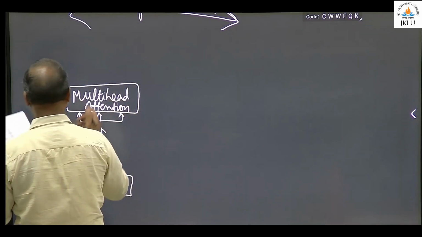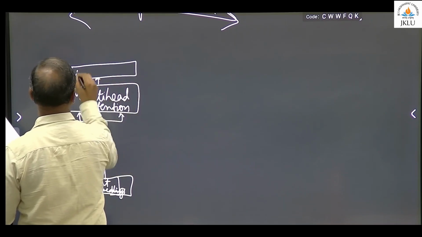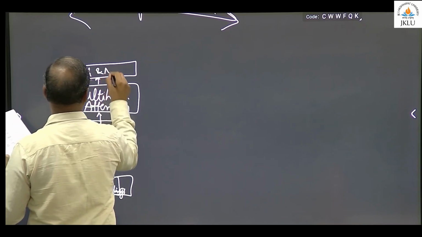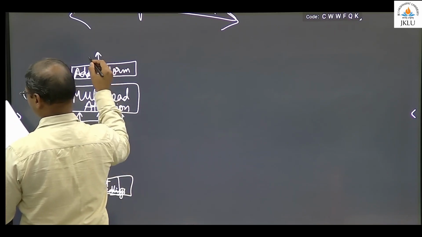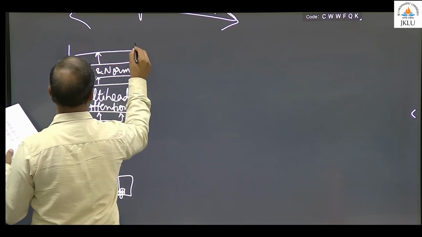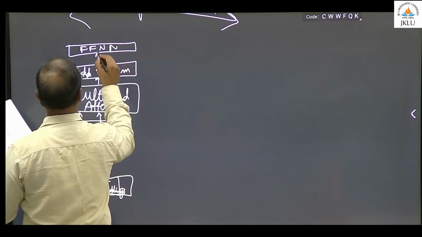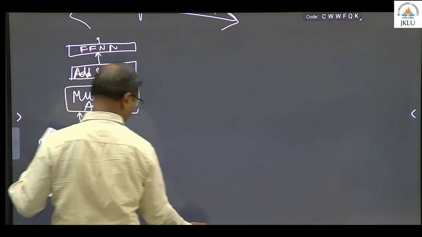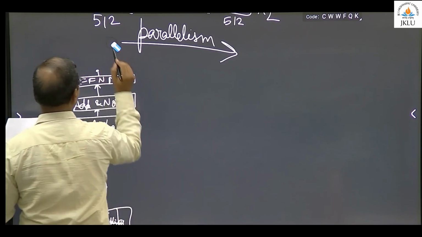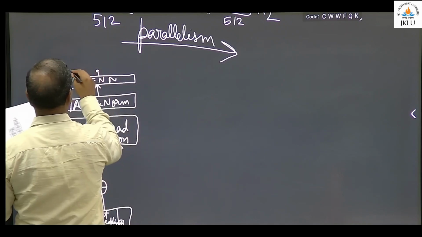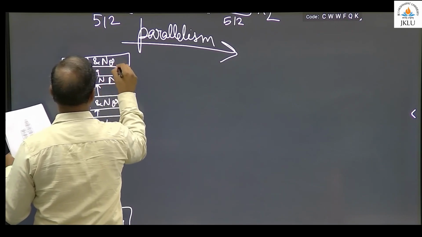So you have this multi-head and then this goes to add and norm, and then this goes to feed forward neural network, which again goes through add and norm.